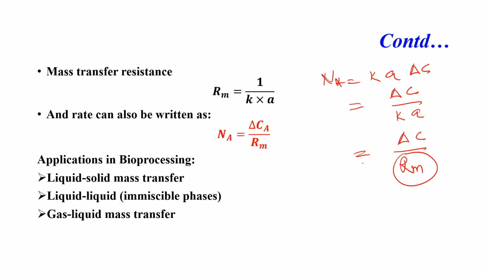So, the mass transfer resistance is defined here as 1 upon K into A.